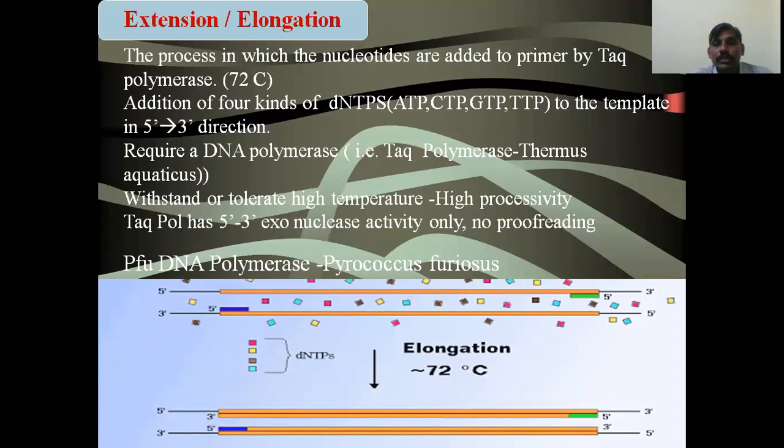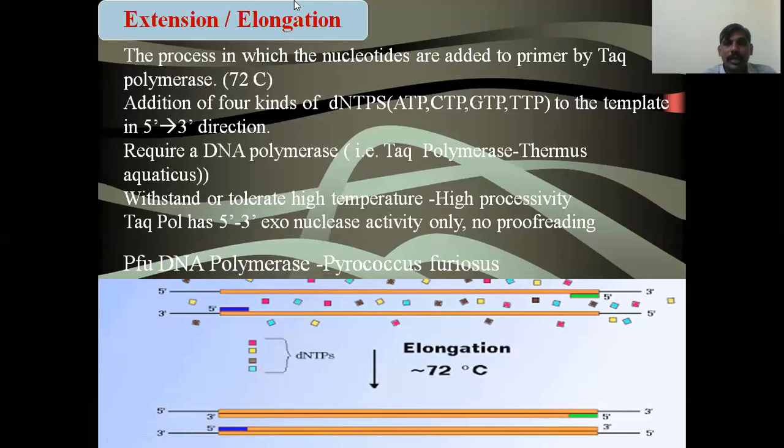This Taq polymerase naturally tolerates high temperature conditions. That's why at that condition the bacteria are able to replicate and produce new daughter cells. So in the PCR technique, we preferably use Taq polymerase enzyme, which is able to perform its activity at 70 degrees Celsius also.